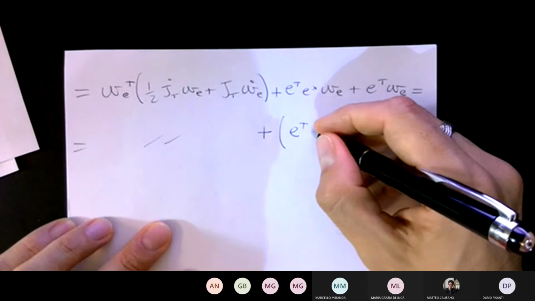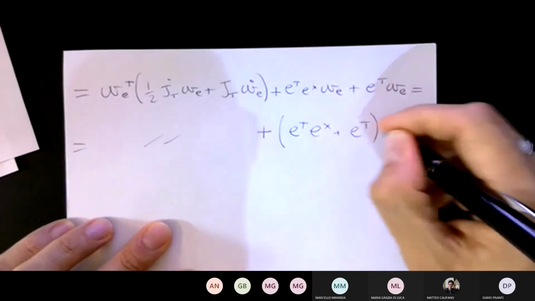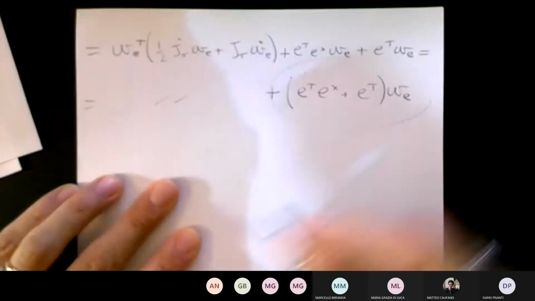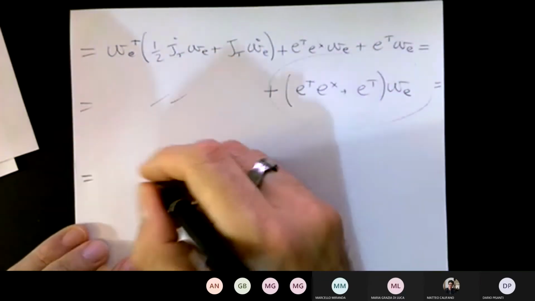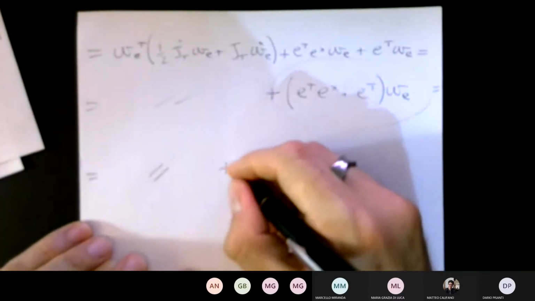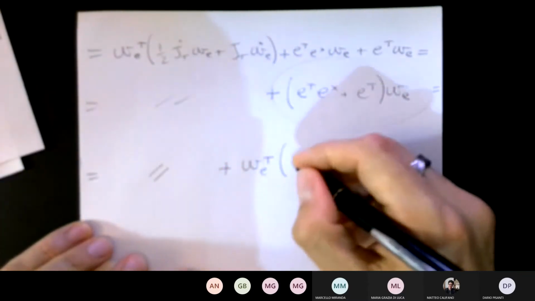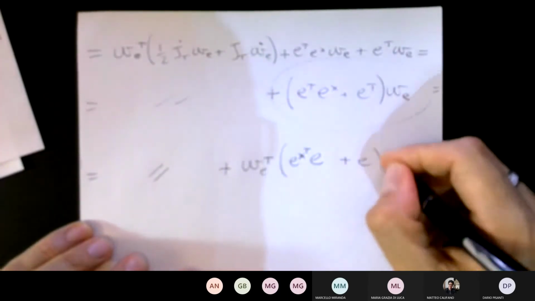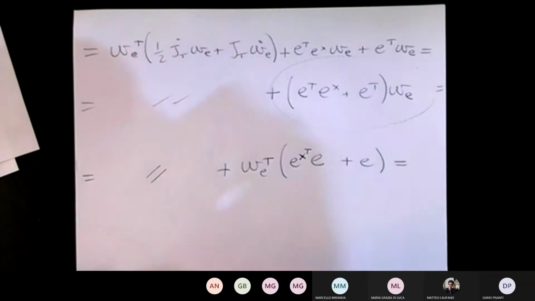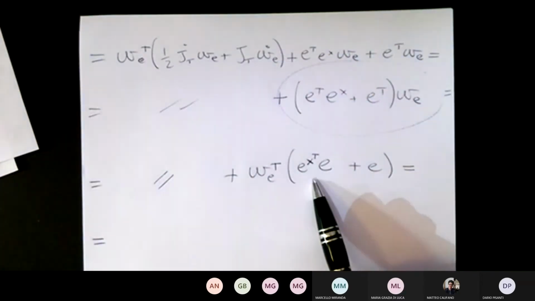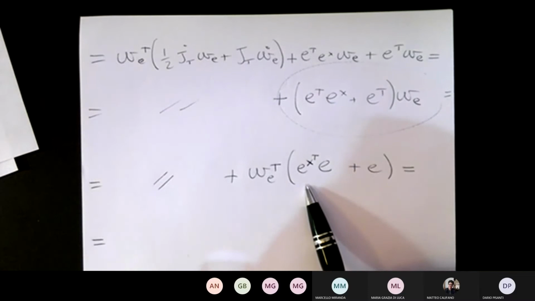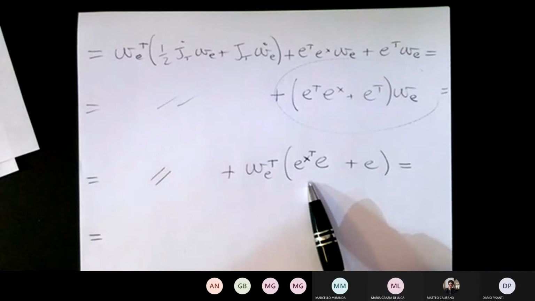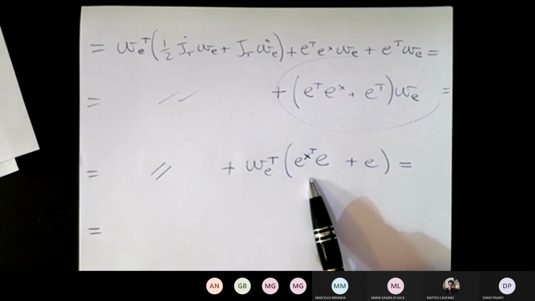Collecting omega E, so E transpose E cross plus E transpose multiplies omega E. And if I transpose the whole thing, which I can, because again these are all scalars, I get omega E transpose E cross transpose applied to E plus E, equals something. What is this giving me? Ideas? It's a skew-symmetric matrix built with a vector E transposed and multiplying E.